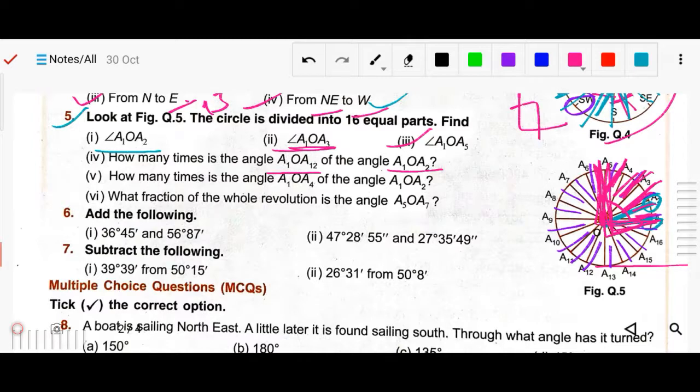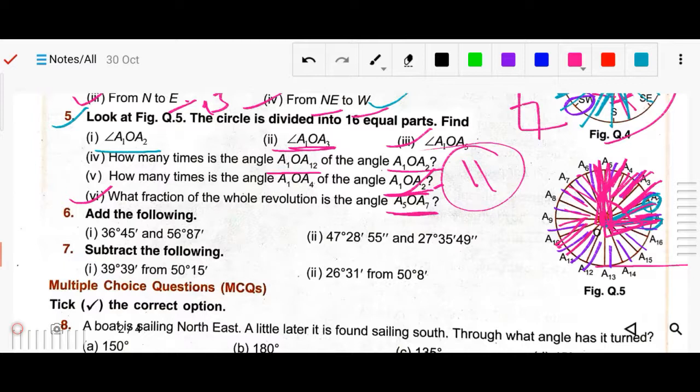Count it: 1, 2, 3, 4, 5, 6, 7, 8, 9, 10, 11. And here there is only one. So it will be 11 times. Similarly, how many times is angle A1 O A4? It is 3 times.